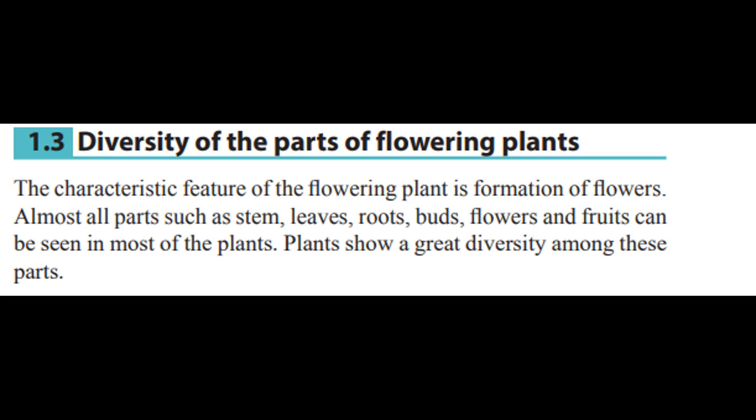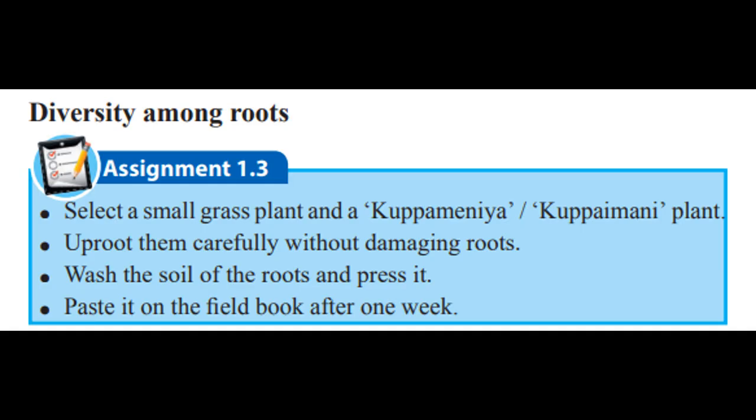So we have an assignment to do. Select a small grass plant and a Cupamania plant. Instead of Cupamania, you can even use a monocotyledon. That is also a herb. After adding water, uproot them carefully without damaging the roots.